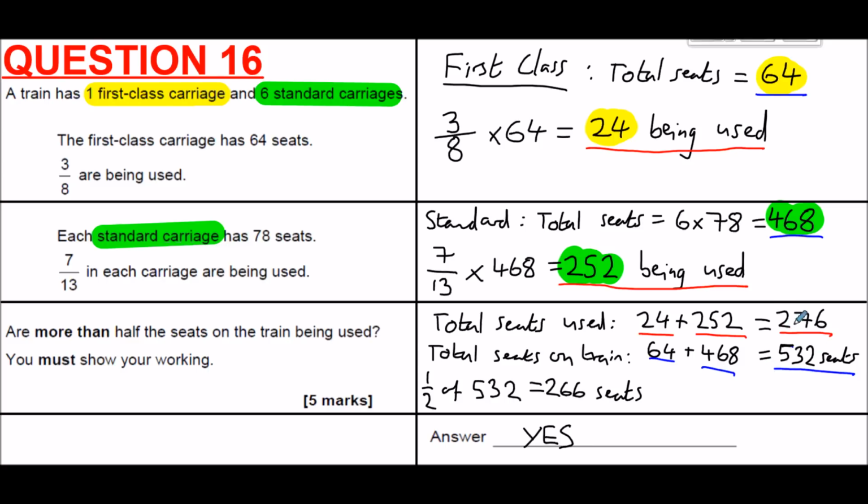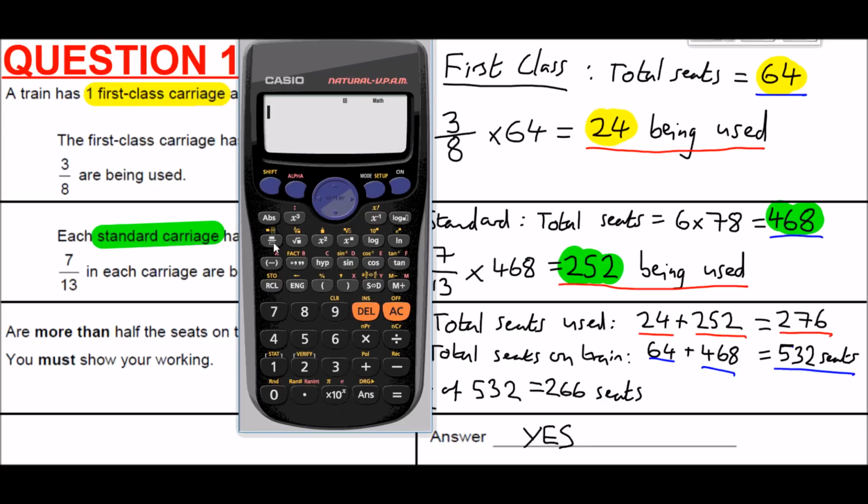Another way we could have shown that would be to have done the total seats used as a fraction of the total seats. So 276 seats are used as a fraction of 532, press equals. Now we can compare that to a decimal, which is 0.51, multiplied by 100 to change it to a percent.